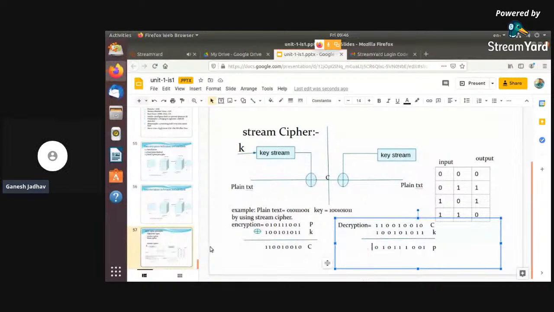This is the XOR operation between the ciphertext and the key. The result is 1 1 0 1 0 1 0 0 0 0 1 1 1 0 1 0 1 1 0 0 0 0 0 1 1 0 0 1 1, and this is your plain text.